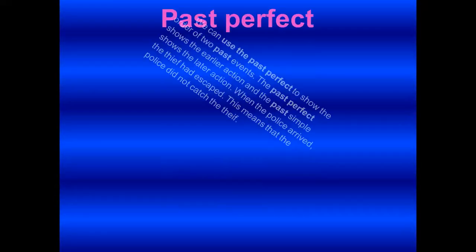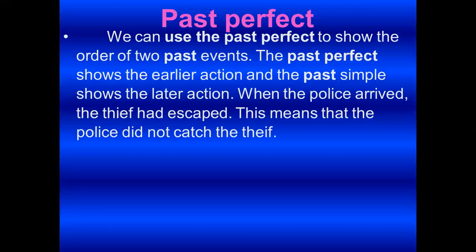Past perfect. We can use past perfect to show the order of two past events. The past perfect shows the earlier action and the past simple shows the later action. This means that the first action is in the past perfect and the second action is in the past simple.